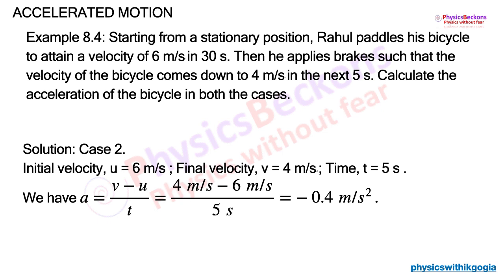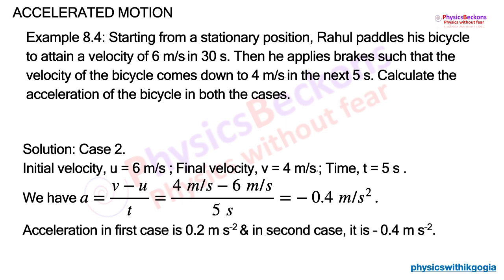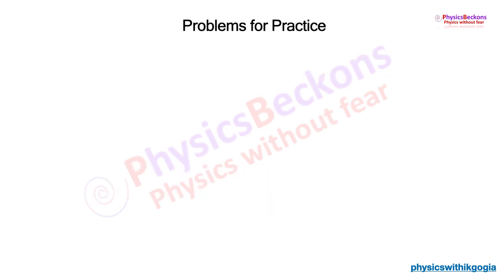So acceleration is v minus u, v is 4 and u is 6. So here the acceleration comes out to be minus 0.4 meter per second square. So negative sign implies that the acceleration is opposite to the direction of motion of the body. Such a motion is also called decelerated motion or motion with negative acceleration.